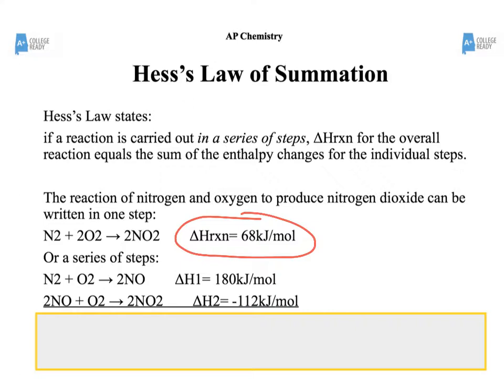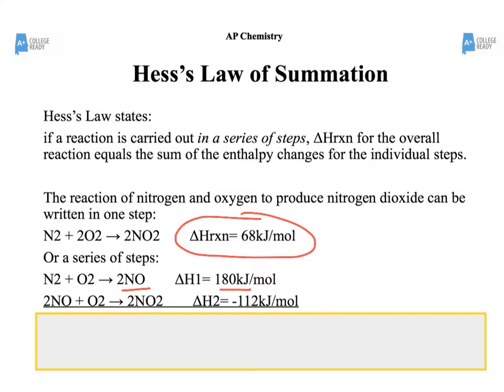So two reactions that we know the enthalpy of: nitrogen plus oxygen making two nitrogen monoxides, and we know the enthalpy of that reaction is 180 kilojoules per mole. And then the second reaction is two nitrogen monoxides plus oxygen giving us two nitrogen dioxides, and we know the enthalpy of that reaction is negative 112.